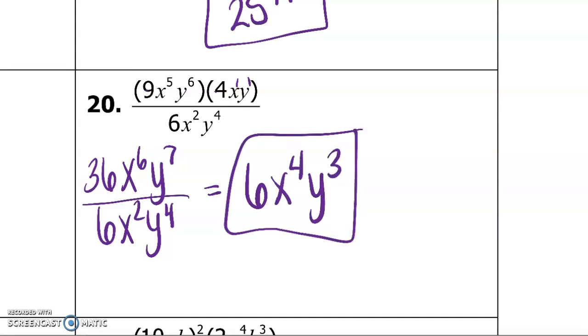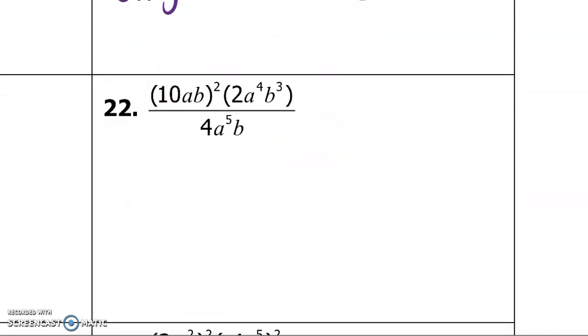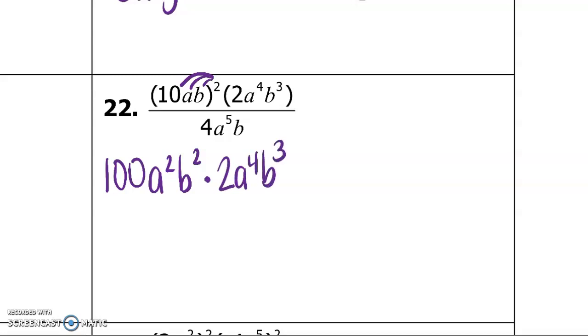22. First we need to get rid of our parentheses. So we would do 10 squared is 100, a squared, b squared, times 2a to the fourth, b to the third. I'm going to skip a little bit and not put the denominator in there yet. I'm just going to go straight across.